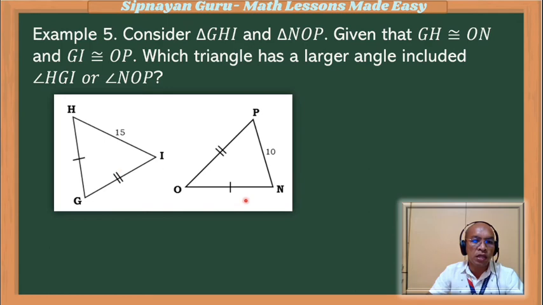These two sides are congruent. What is asked is which angle is greater, angle HGI or angle NOP. This side is greater than the measure of this side, so definitely the side opposite it, according to the Hinge Theorem, is the greater. In this case, angle HGI is greater than angle NOP.